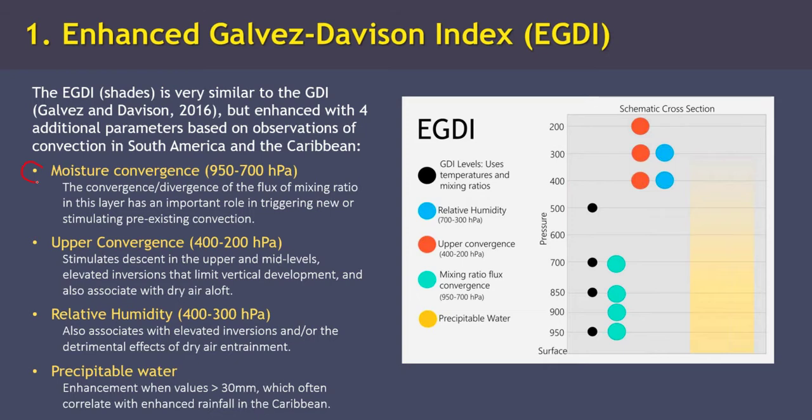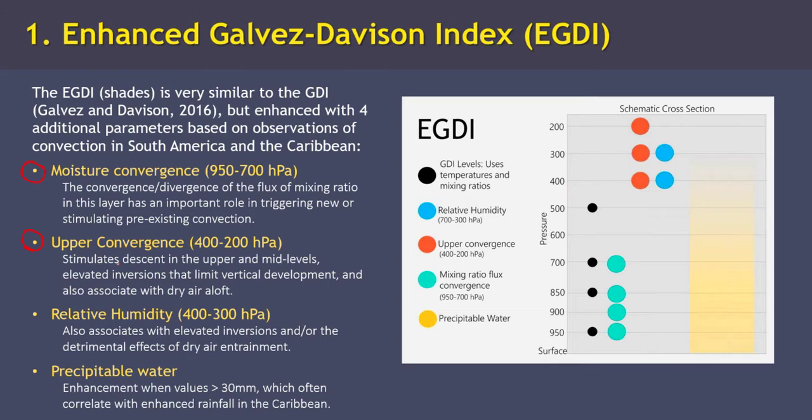So we have moisture convergence, and for this you need to consider the winds. Of course, upper divergence and upper convergence as well. So this is not a purely thermodynamic index anymore, it's a hybrid between a thermodynamic and a dynamic index.